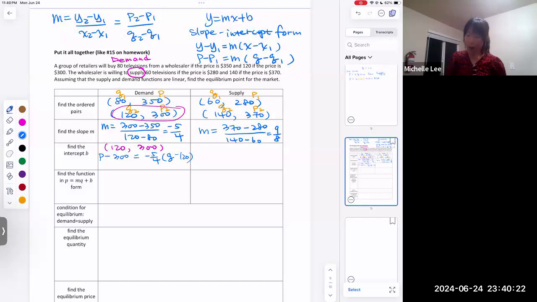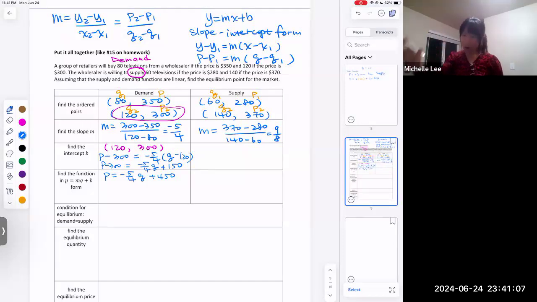Let's calculate. P minus 300 equals negative 5/4 q minus, 4 goes into 120 thirty times, so we have a positive 150. So p equals negative 5/4 q, add 300 to both sides, so that will be 450.